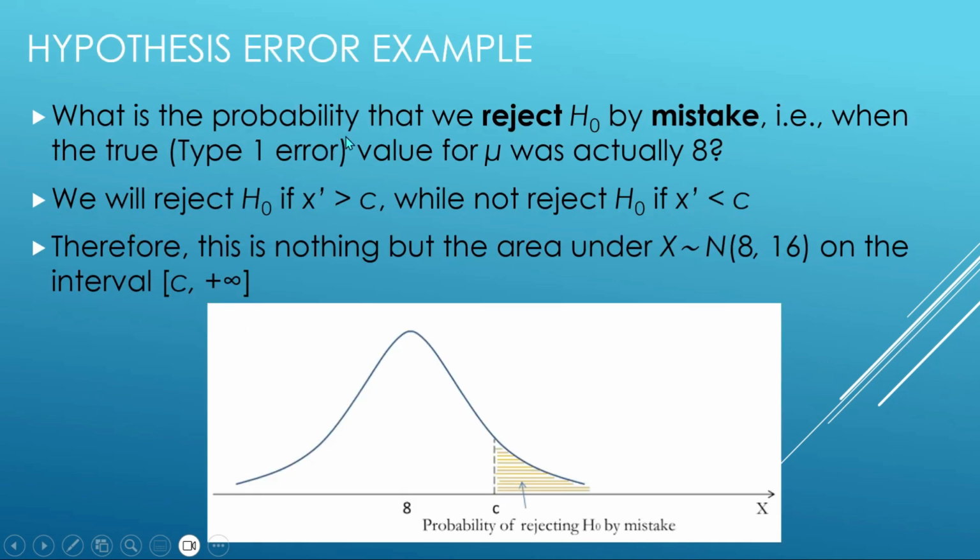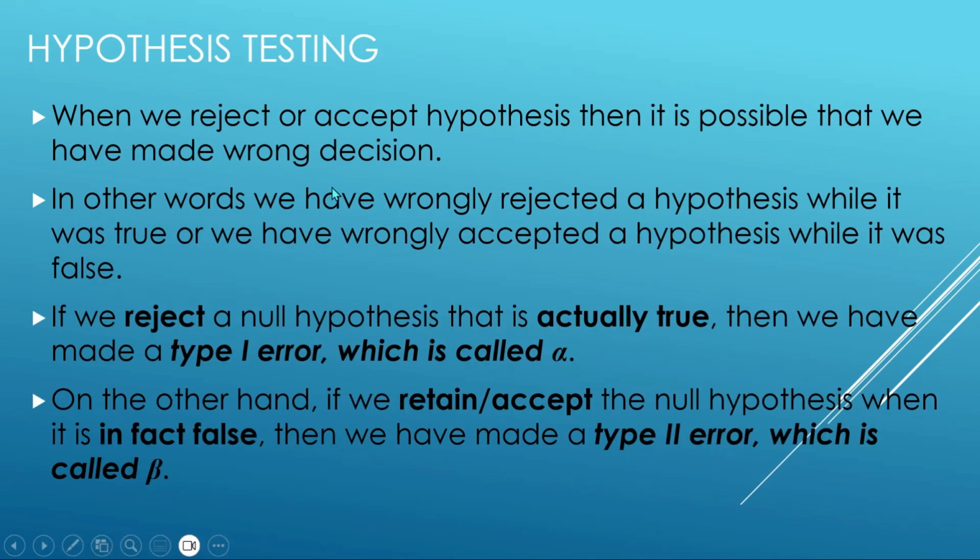What is the probability that we reject H0 by mistake? That is when the true value of mu was actually 8. We have seen type 1 error: if we reject a null hypothesis that is actually true, then we have made a type 1 error, and it is called alpha.